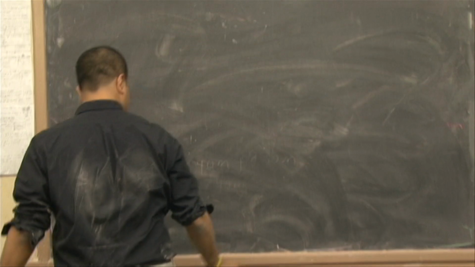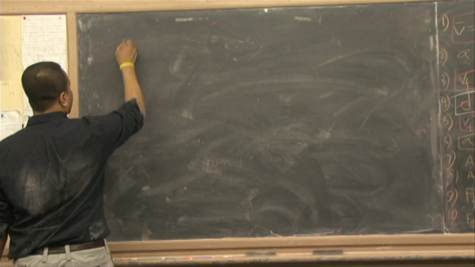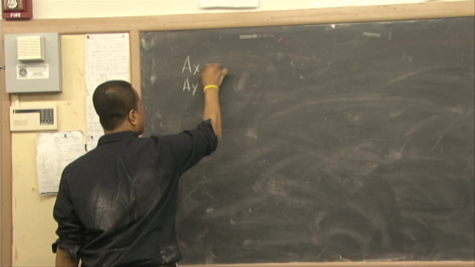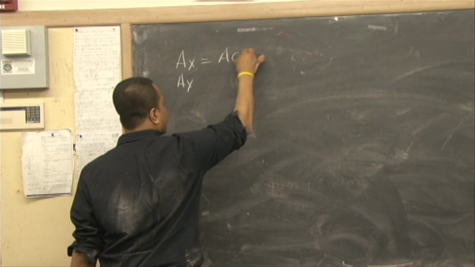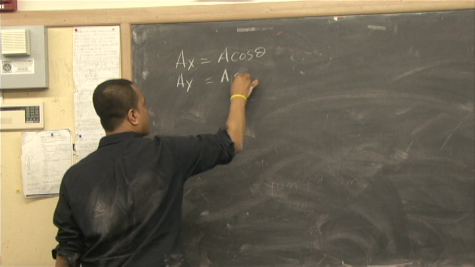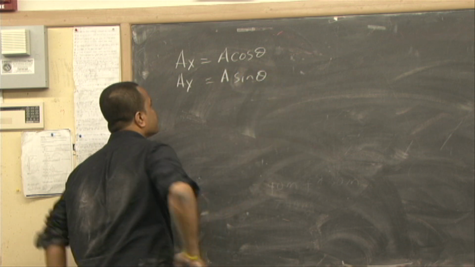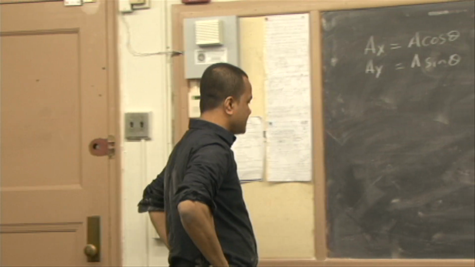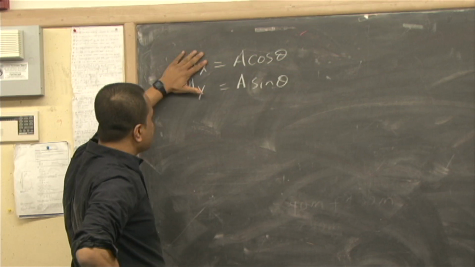So let's see, our formula says ax and ay. So ax is a cosine theta and ay is a sine theta, right? Now let's make a question to understand that.